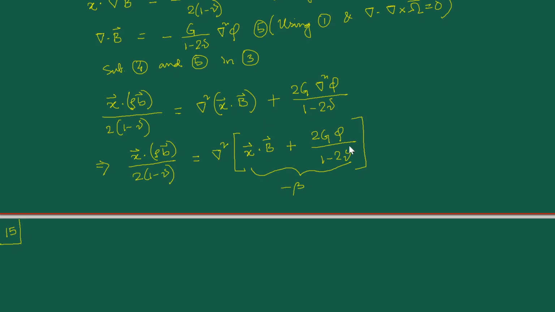So the entire thing sitting within the square bracket is a scalar entity, and I'm setting it as minus beta. So we write this again properly: beta is equal to minus x dot b vector minus twice g phi divided by 1 minus twice nu.